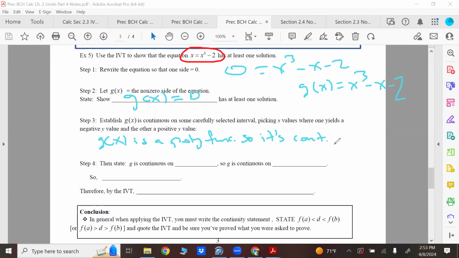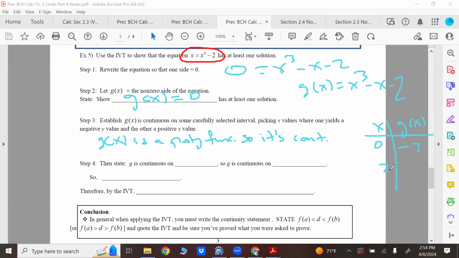Okay. Now what we're going to do is pick a range of x values, one that provides a positive y value and one that provides a negative y value. So for example, let's make a little table that helps. What if x were 0? What's y? -2. Okay.